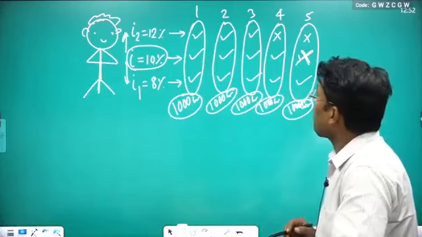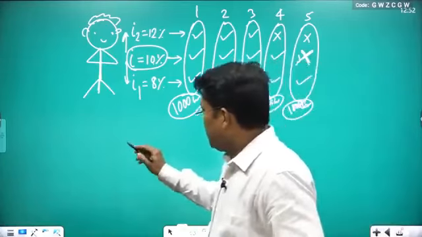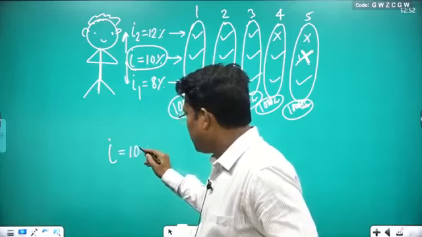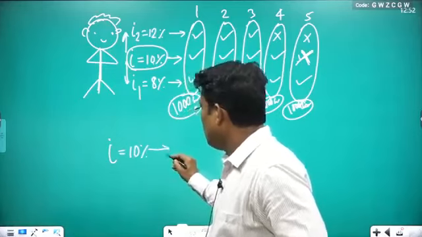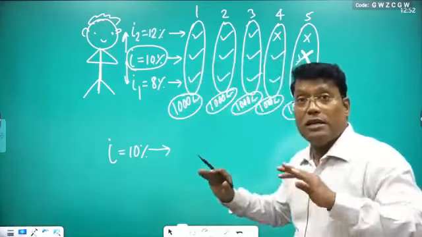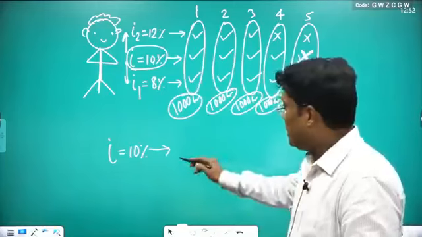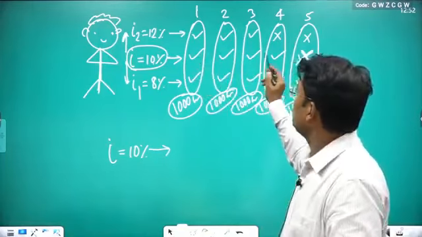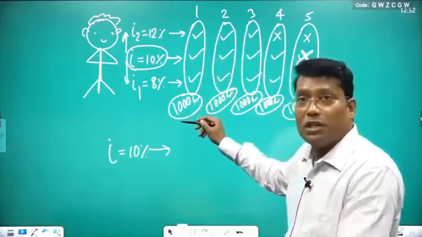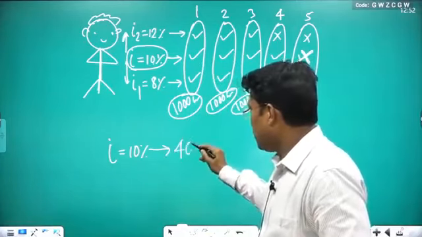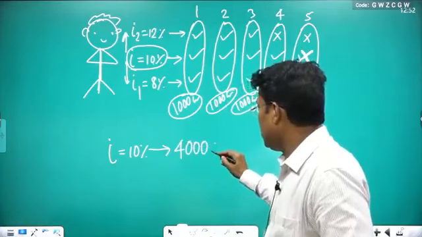Clear to all? So what you are getting is this: if rate of interest I is equal to 10%, then how much can you invest? Suppose the projects which are viable, you are going for investments. So at 10% you selected 1, 2, 3, 4. Each project is 1000 crores, so 4 means 4000 crores. So at 10% you are going to invest 4000 crore in the country.